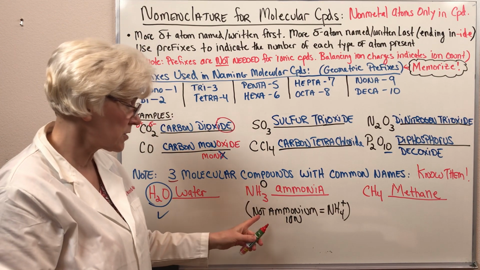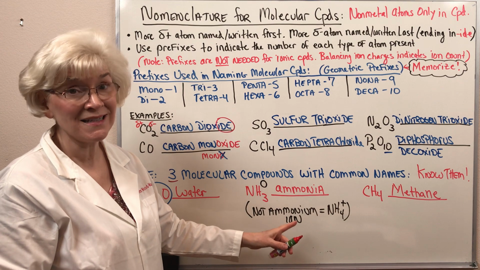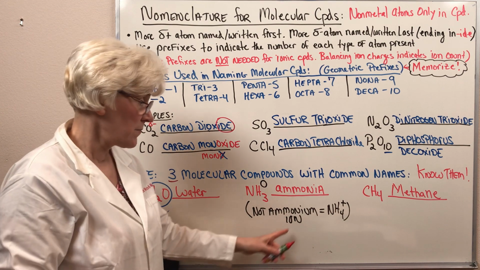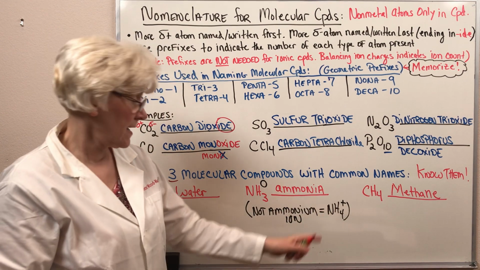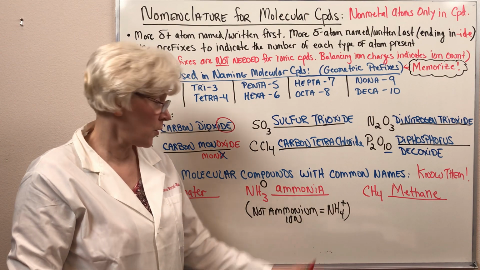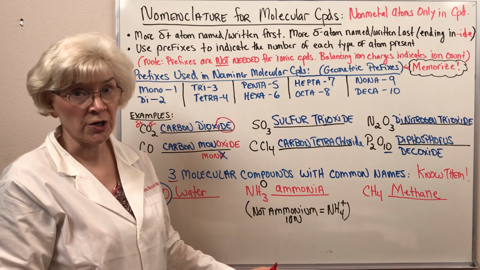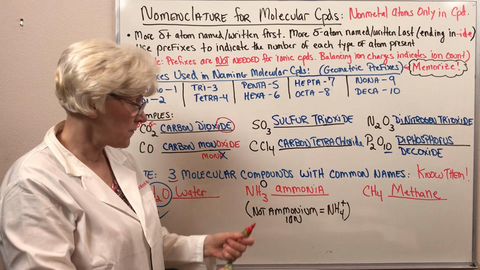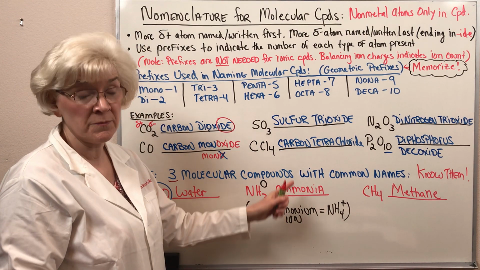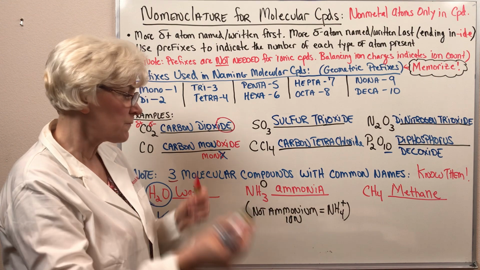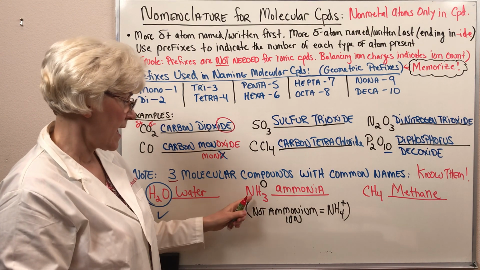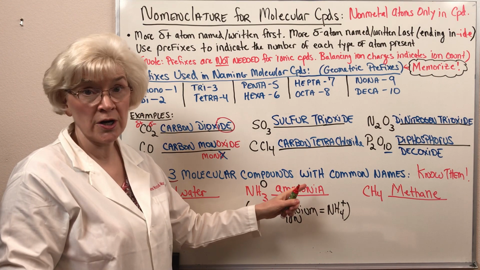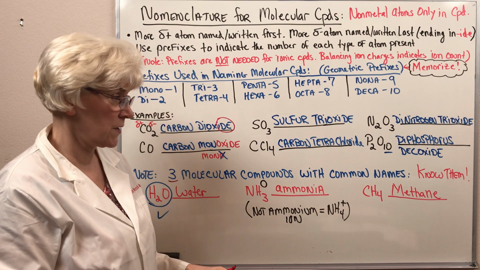This is a neutral compound. It is not the ammonium ion. The ammonium ion does exist. Its formula is NH4 with a +1 charge. So it's very easy when you're just getting your feet wet with nomenclature to make this confusion in the naming. NH3, no charge, is the ammonia molecule.